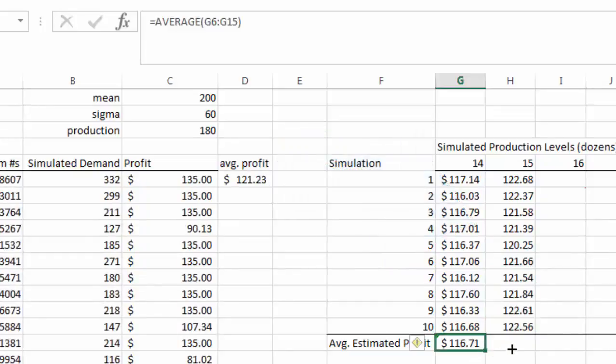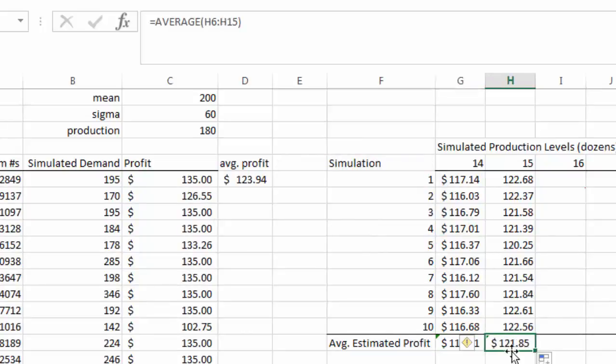Now I'll take my average of those by just dragging that average formula over. I'm pretty confident that I'm averaging something around $122. So profits go up on average, moving from 14 to 15 dozen.